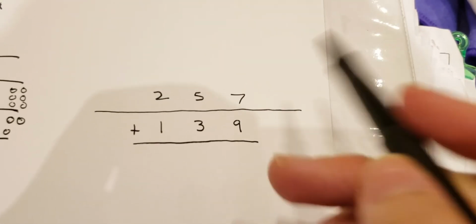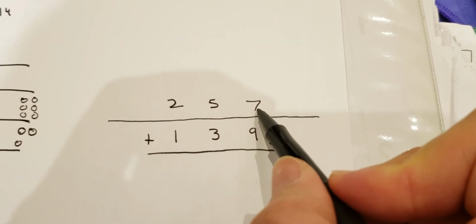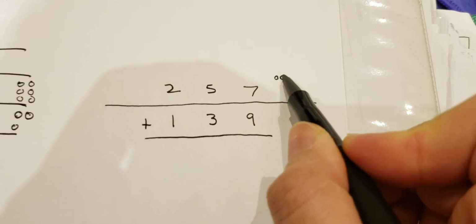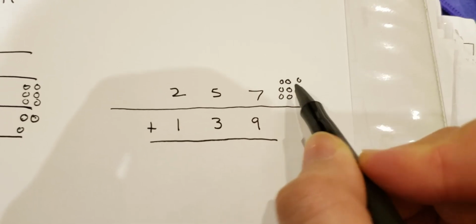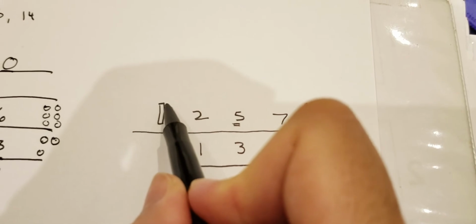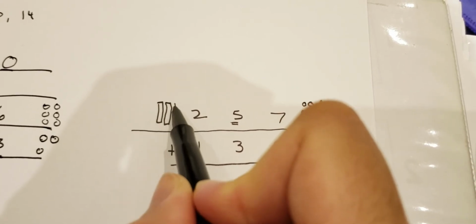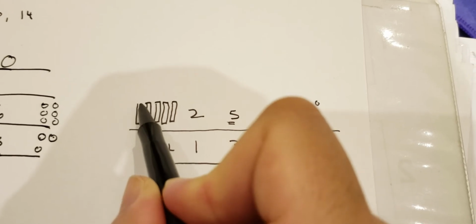So first step, we have to draw how many ones? 7 ones. 1, 2, 3, 4, 5, 6, and 7. How many tens? We have 5. So let's draw that. 1, 2, 3, 4, 5.